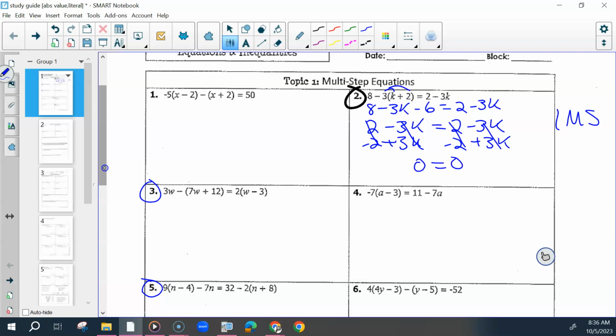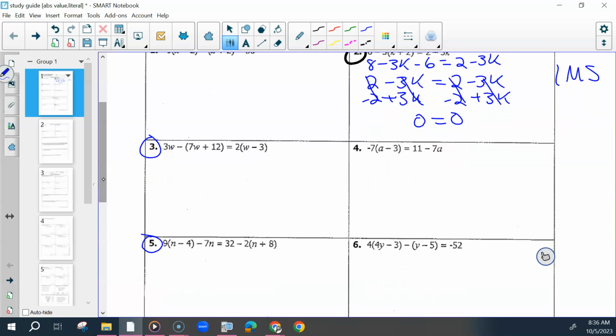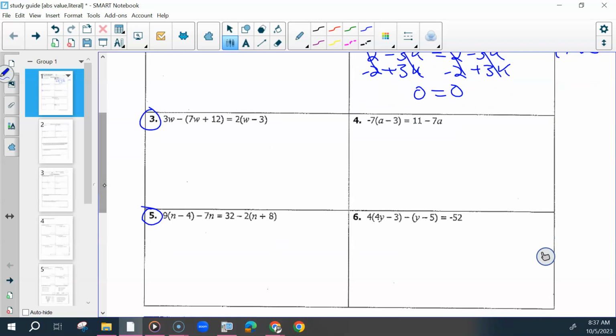Now, if you're doing it one step at a time, let's say you move the 3k's and you get 2 equals 2, that's also infinitely many solutions because the variables cancel and they equal on both sides. If the numbers were different, so 2 equals anything else, it would be no solution.